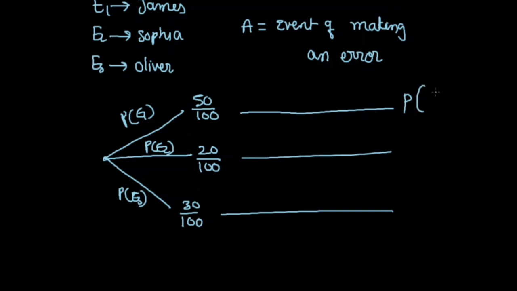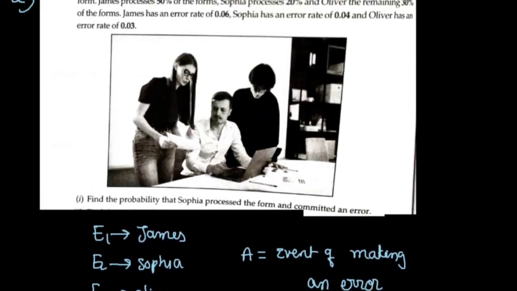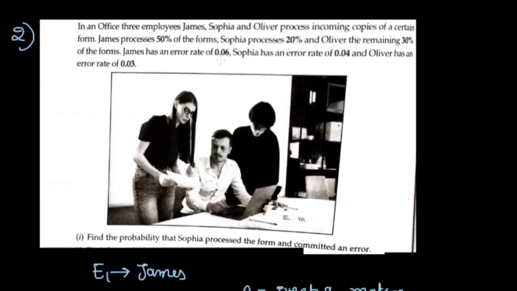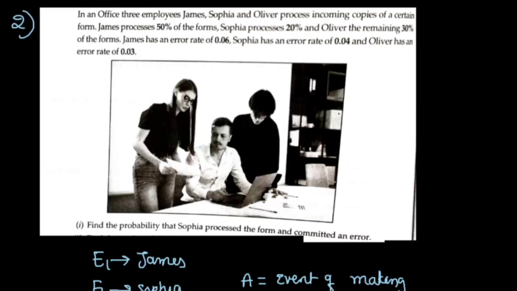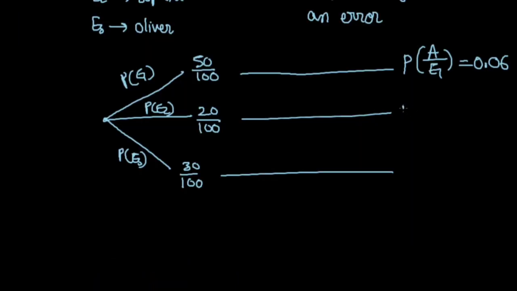So the conditional probability of A, committing an error, from event E1, so James makes an error, is 0.06. Then Sophia's error, E2, is 0.04.